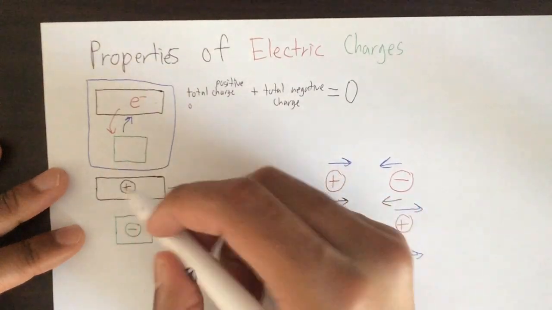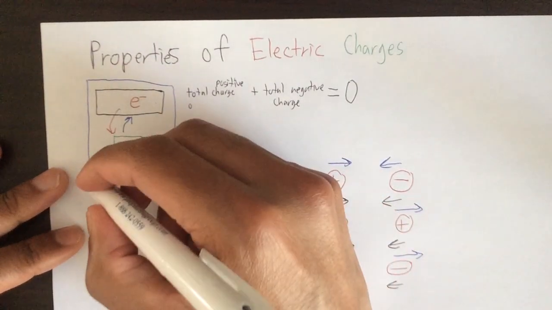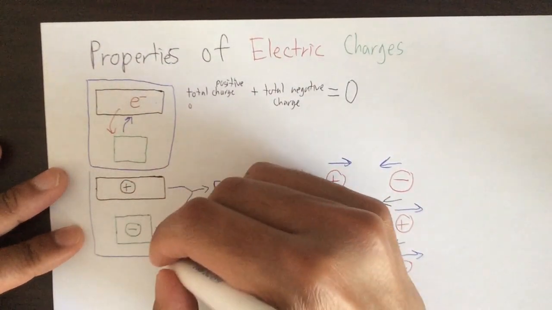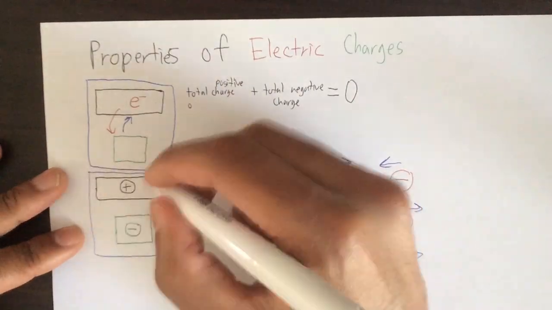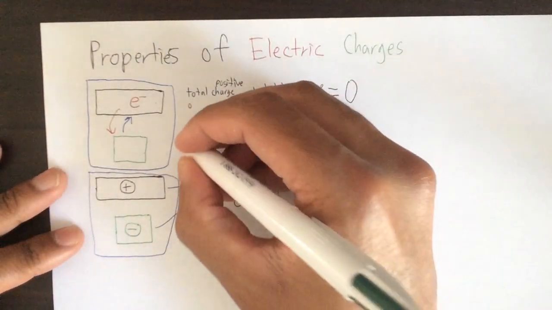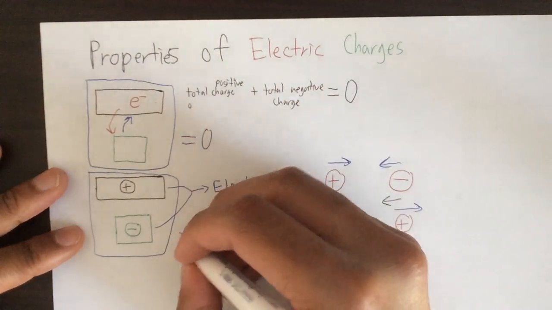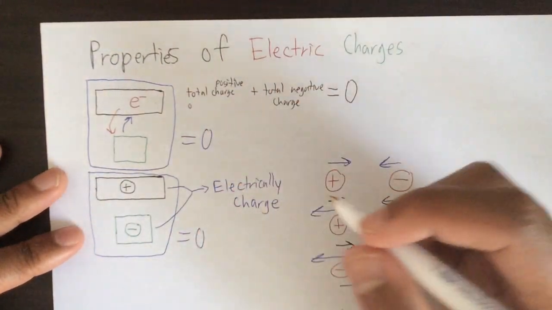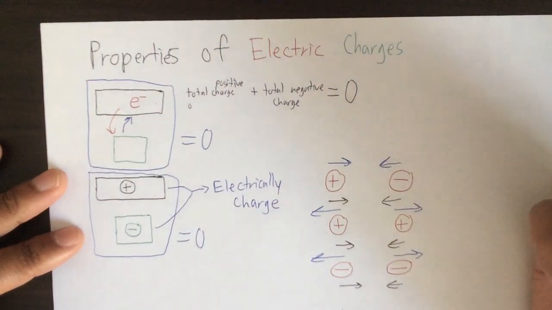So when they interact like this, and if we're still considering them an isolated system, just these two objects, in both situations the net charge of this system is 0.